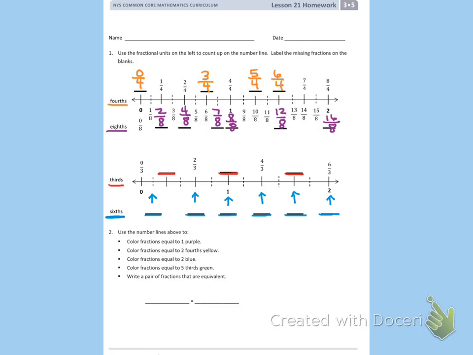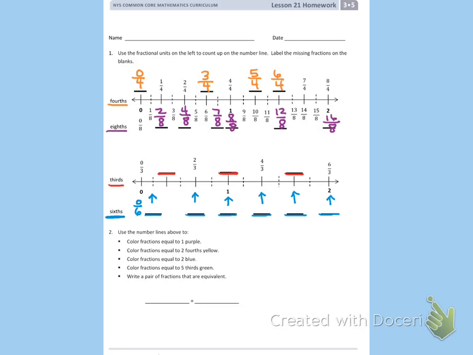If you notice, there are some hash marks that do not have a line that go with them. Even though there's no line, you still need to count them. So for instance, there is no line with the 0, but I'm still going to write 0/6 here so I can remember to count it.